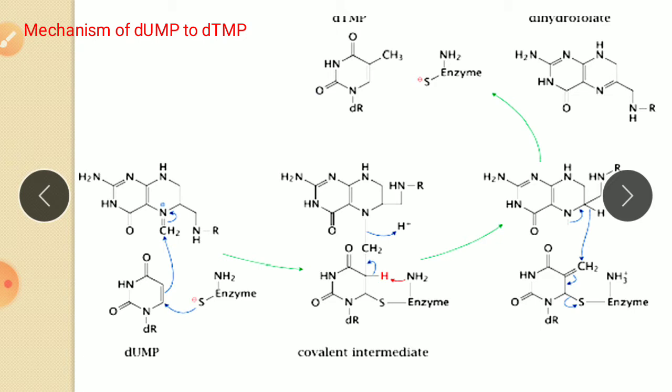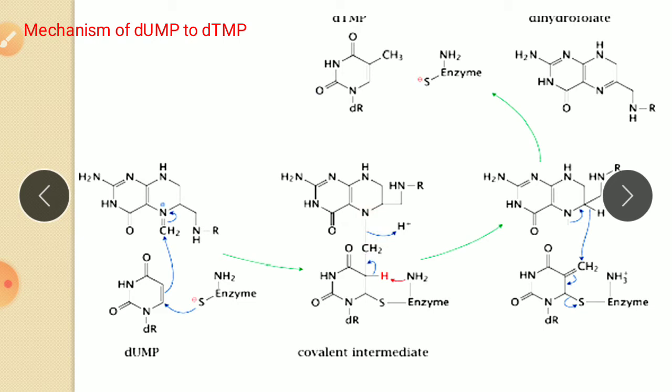Then is the second step. In the second step, this hydrogen is removed and this bond is shifted here. So the bond is shifted and this bond breaks. So this nitrogen-carbon bond breaks, and this nitrogen becomes N minus.